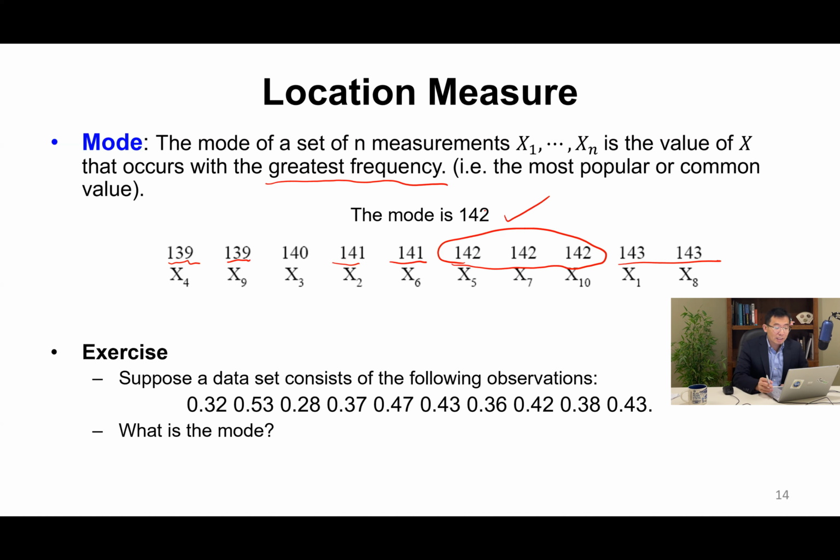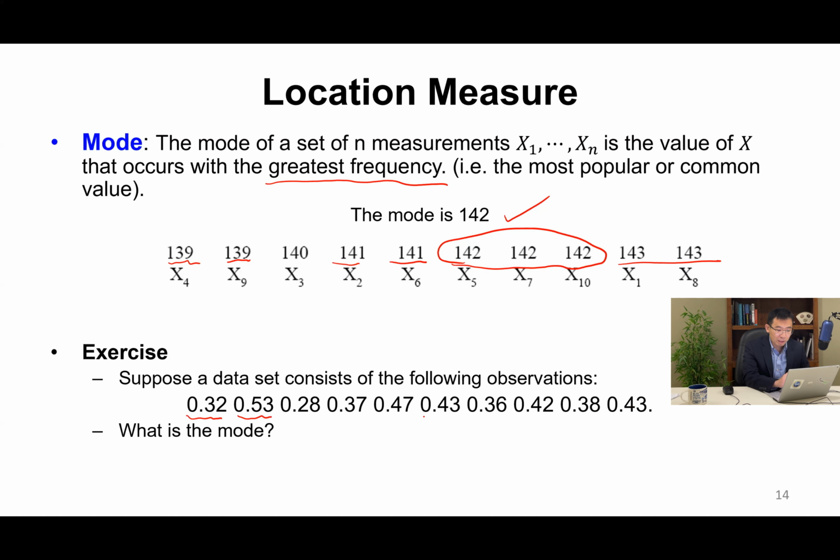Now let's do an exercise together. Suppose the data set consists of the following observations. What is the mode? As we can see, 0.32 or 0.50 only occur once, 53 only once, 28 once, 37, we don't see any other 37.